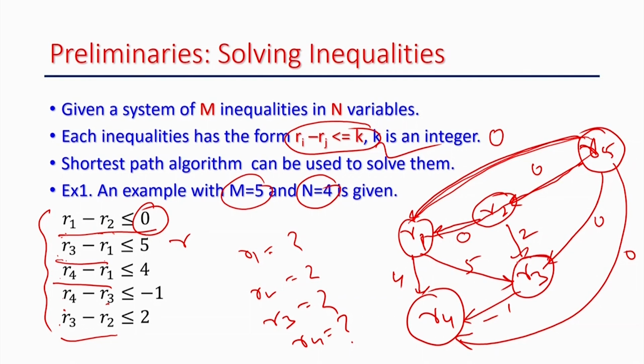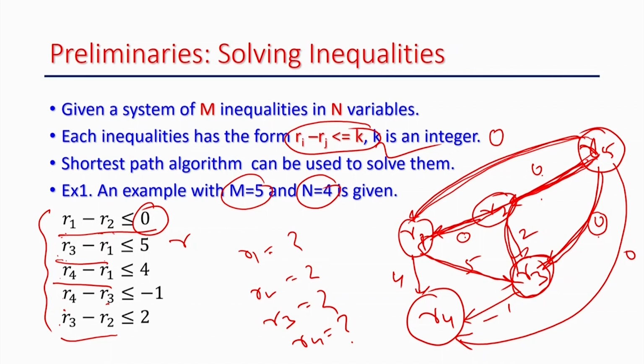For example, for this node I have one path through this, one through this, and one through this also. For one path the weight is 0 plus 2, which is 2, for another the weight is 0, and for the third 0 plus 0 plus 5, which is 5. So there are 3 possible paths, and the shortest path is 0.